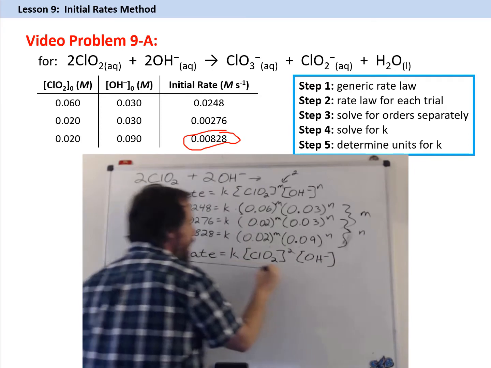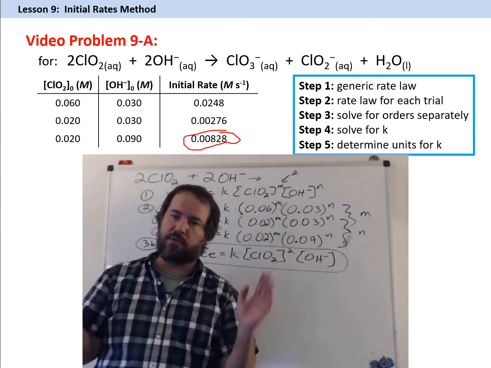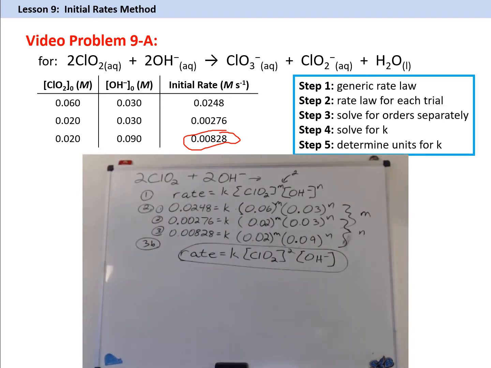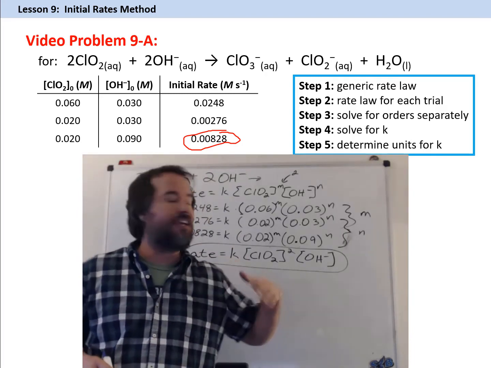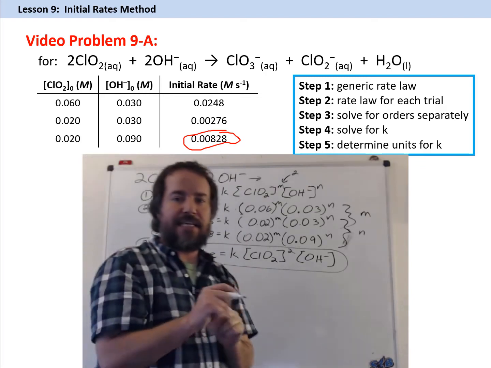Notice how I don't include the 1 there, because that one's redundant and it's just not needed. All right, now I can go ahead and solve for k. Which one do I use to solve for k? I can use any of the 3. In fact, I'm going to do 2 of them right now just to show that it doesn't matter.